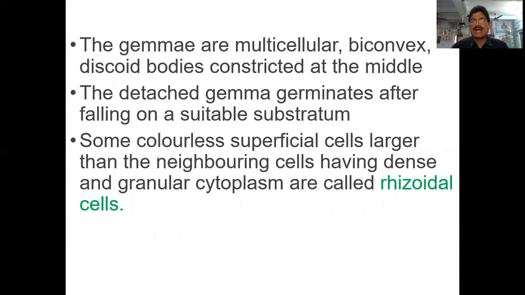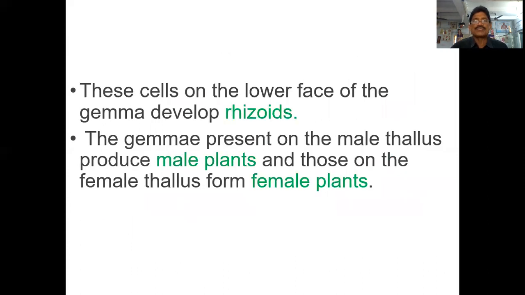The detached gemma germinates after falling on a suitable substratum. Some colorless superficial cells, larger than the neighboring cells and having dense granular cytoplasm, are called rhizoid cells. These cells on the lower surface of the gemma develop into rhizoids, which lie on the lower part of the plant body.